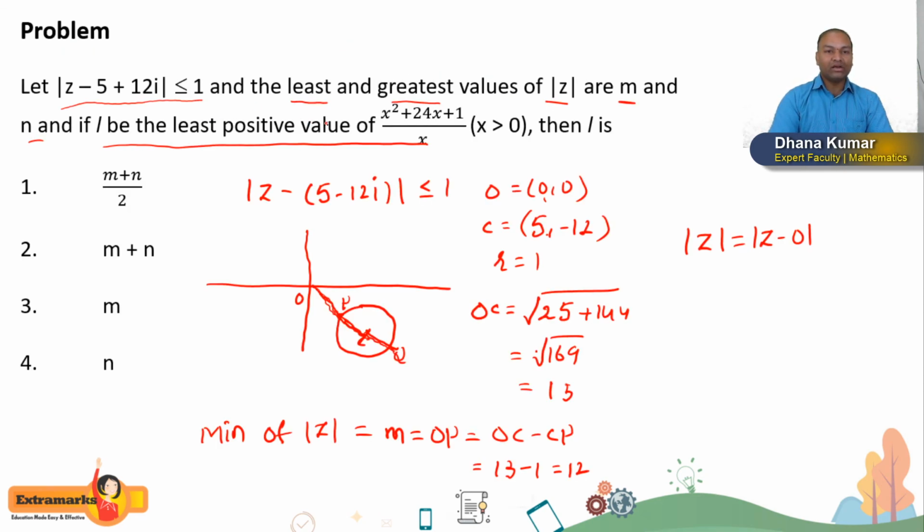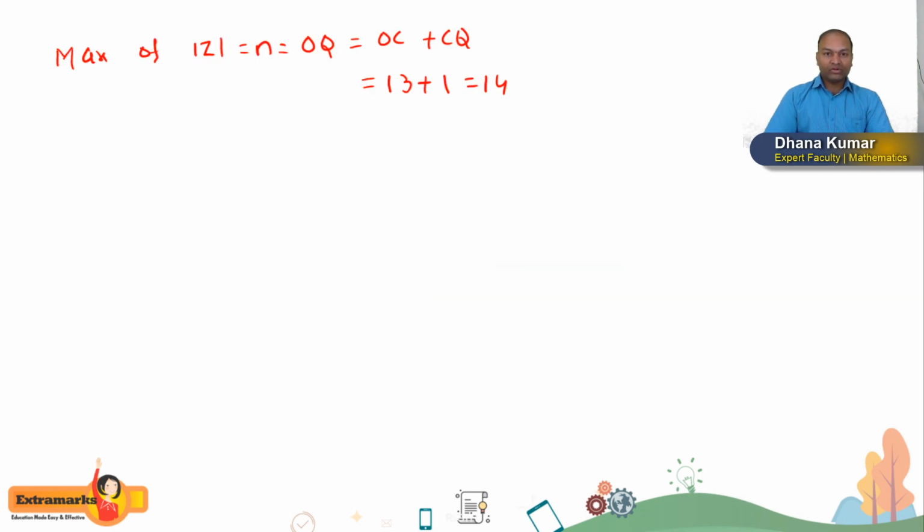Let us come to L. L is the least value of this function, where x is greater than 0. The given expression is x squared plus 24x plus 1 by x, and x is positive. Now we want the least value. Split this numerator: x squared by x is x, 24x by x is 24, plus 1 by x.